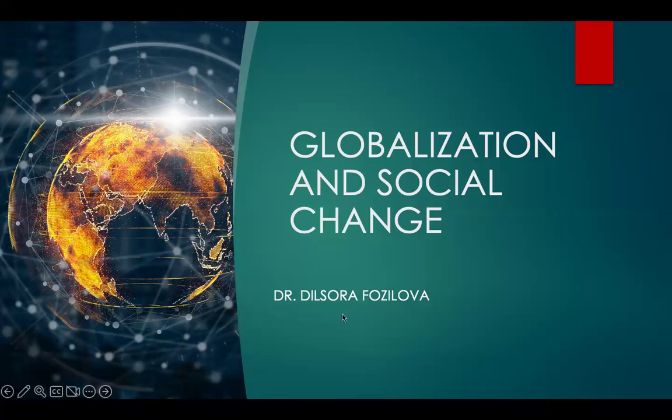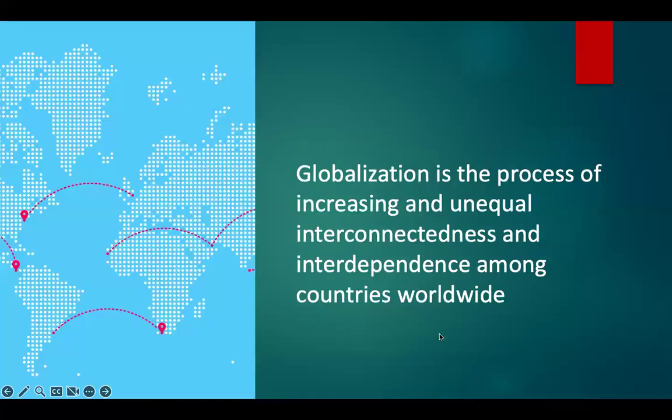In today's class, we will be talking about globalization and social change. So, what is globalization and what does it have to do with social change? Globalization is the process of increasing interconnectedness and interdependence among countries, economies, cultures, and societies.